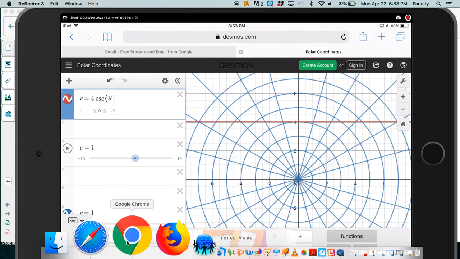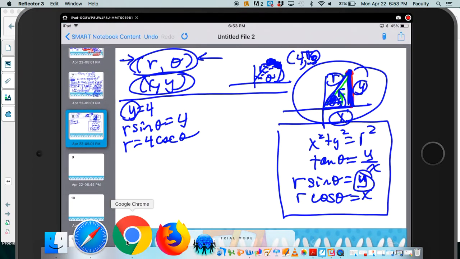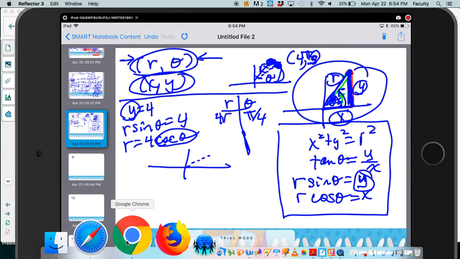The reason that gave me the line y equals 4 is this. As I turn a certain number of degrees, if I make an r theta chart, like if I turn pi over 4 radians, how far will I go? The cosecant of pi over 4 is square root of 2, so I'll go 4 square root of 2.